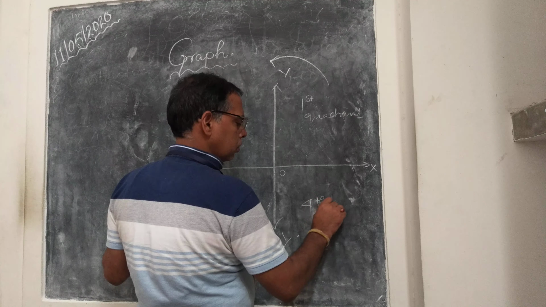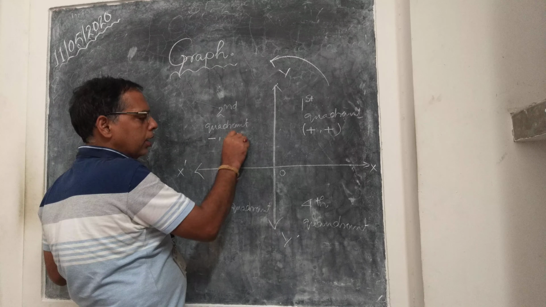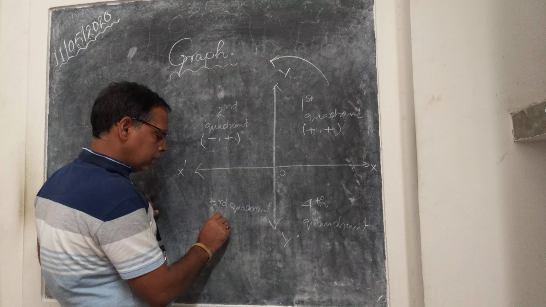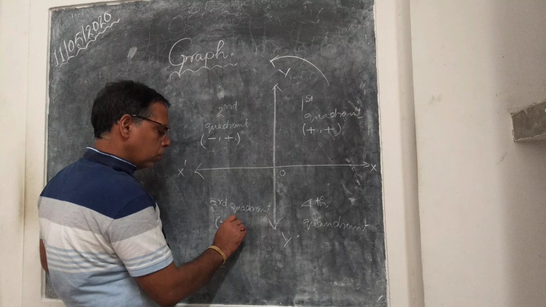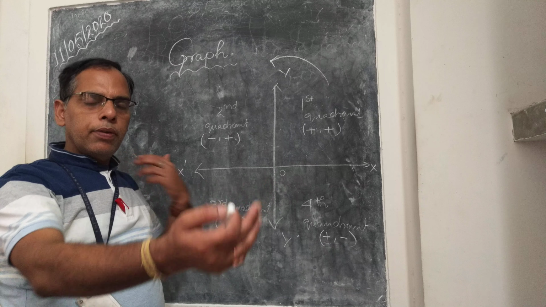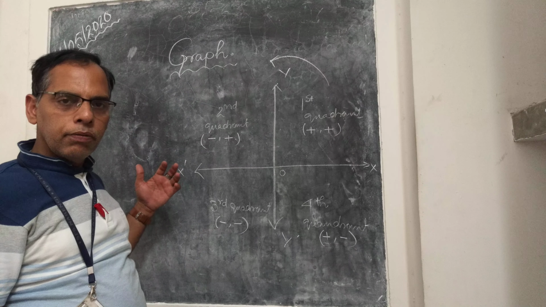Now first quadrant, second quadrant, third quadrant, fourth quadrant. Now what is the sign? Last day I told you in the first quadrant all are positive. In this one x is negative, y is positive. On this side x is negative, y also negative, and on this side x is positive, y is negative. X on the right hand side is positive and on the left hand side x is negative.